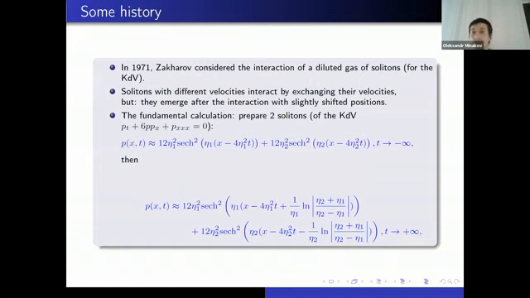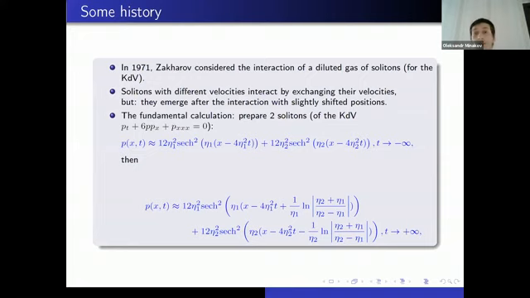Now I will go to some history. The question which we'll investigate was investigated by many people. Zakharov in 1971 considered a diluted gas of solitons, and he derived an equation for the speed of a tracer soliton which goes through this gas of solitons.